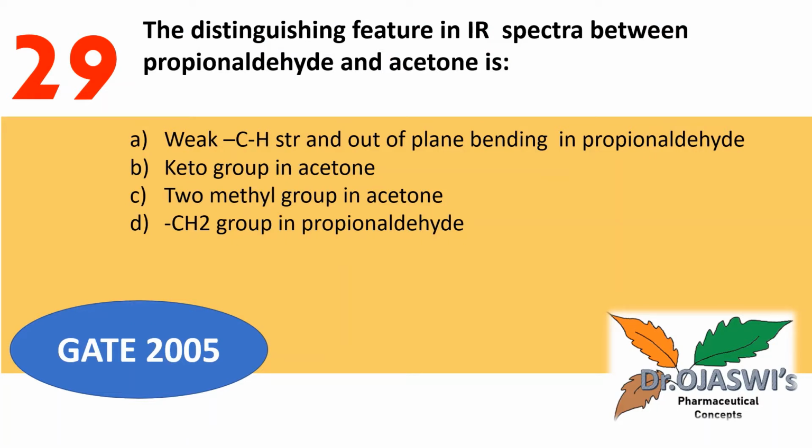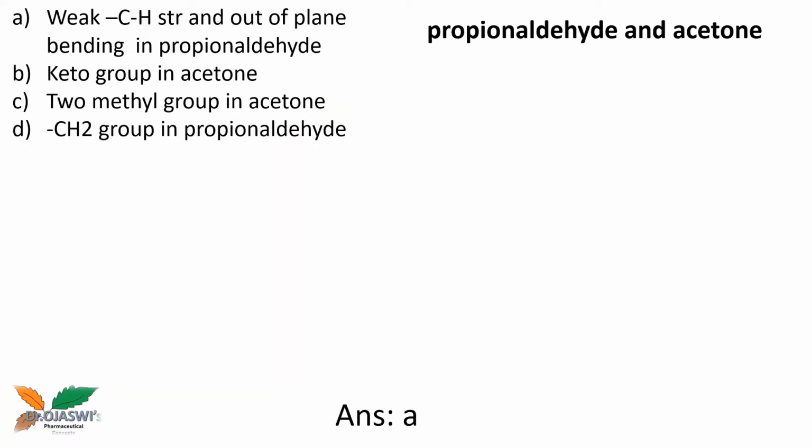The distinguishing feature in IR spectra between propionaldehyde and acetone is... let us first see propionaldehyde and acetone structure, and then we will see the distinguishing feature in IR spectra of these two compounds. So propionaldehyde: methane, ethane, propane, so 3 carbons I will write.